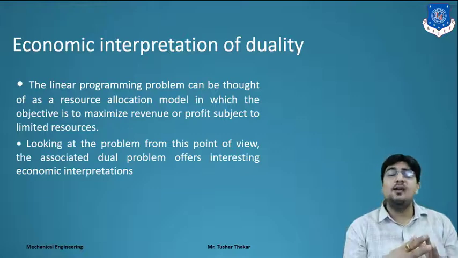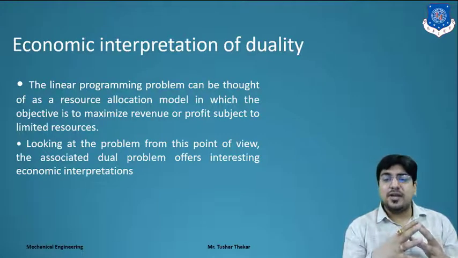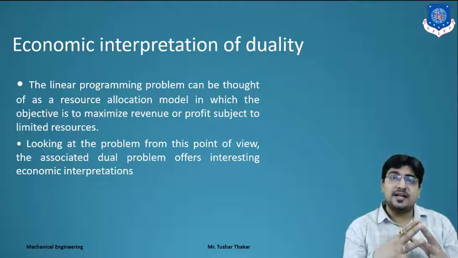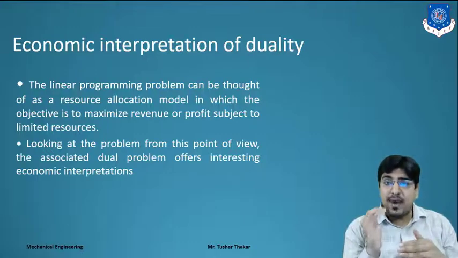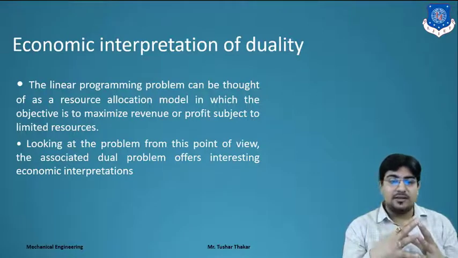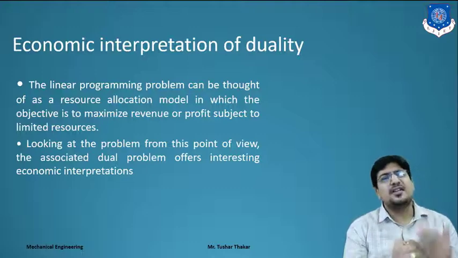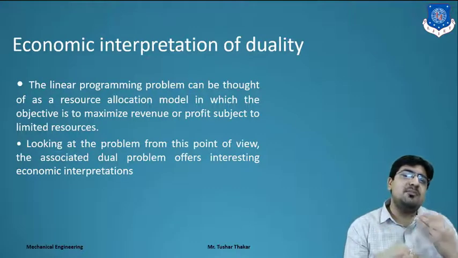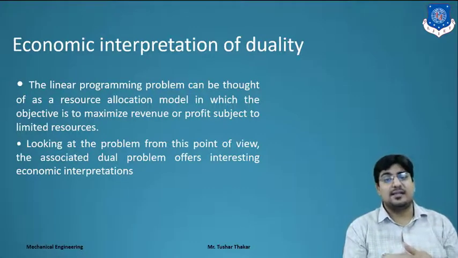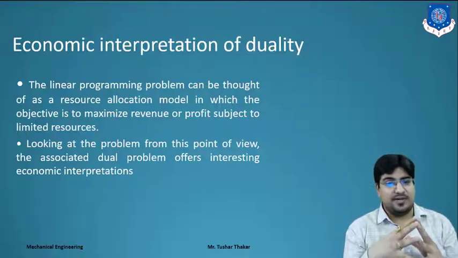So the linear programming problem can be thought of as a resource allocation model in which the objective is to minimize or maximize revenue or profit subject to limited resources. We have to maximize the revenue, maximize the profit and minimize the losses. At that time we consider economic interpretations.